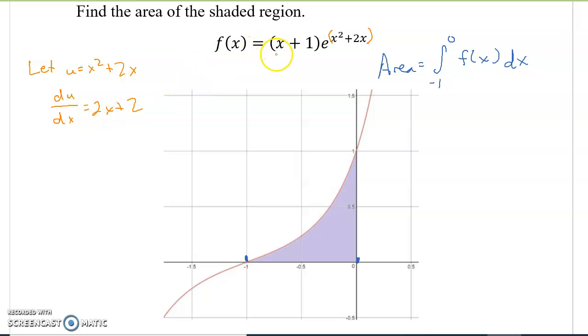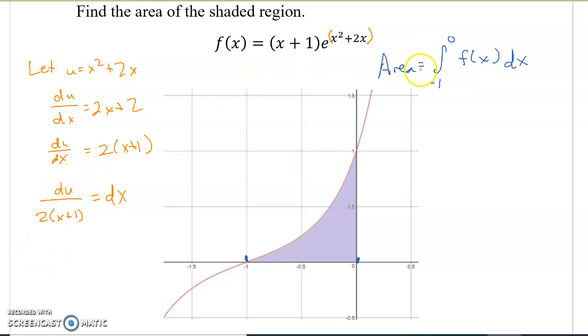But you probably notice an x plus 1, and that 2x plus 2 and x plus 1 are somewhat related. So we'll go ahead and factor out that 2 and get an x plus 1. And there's that hiding x plus 1. And then we'll solve for dx. So we get du over 2 times x plus 1 equals dx. All right, so that's a good substitution to do.